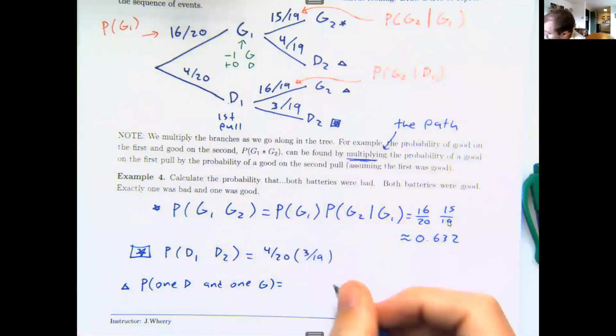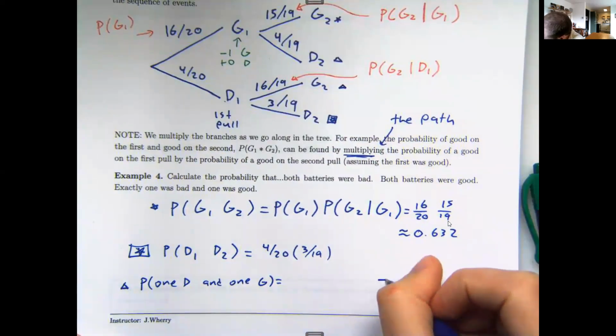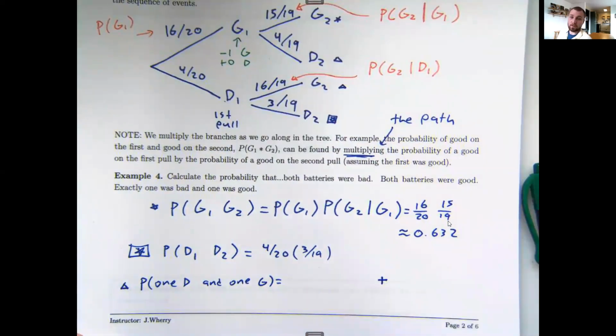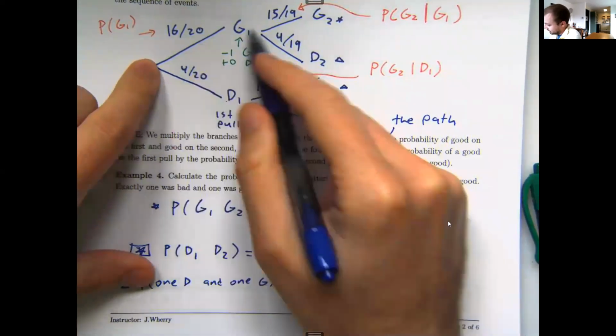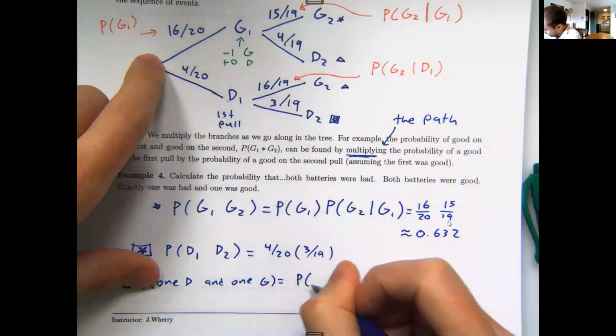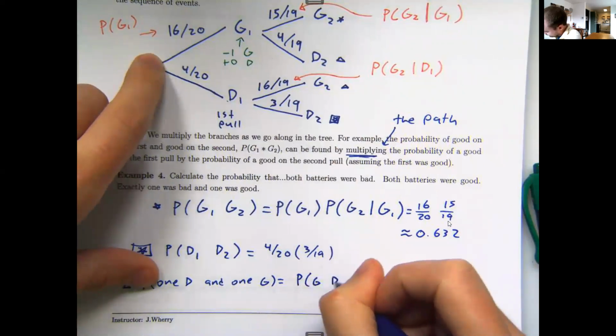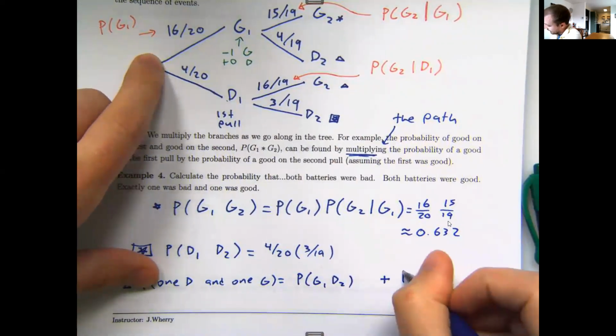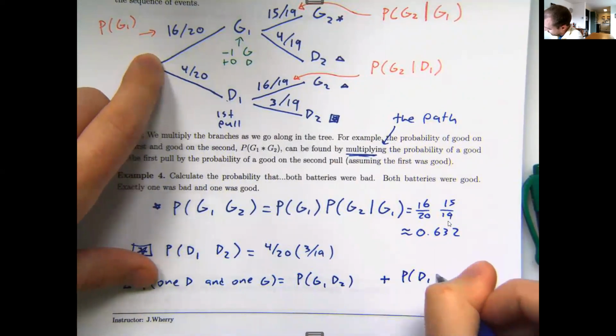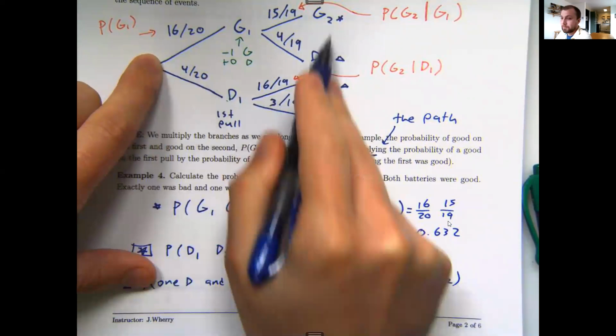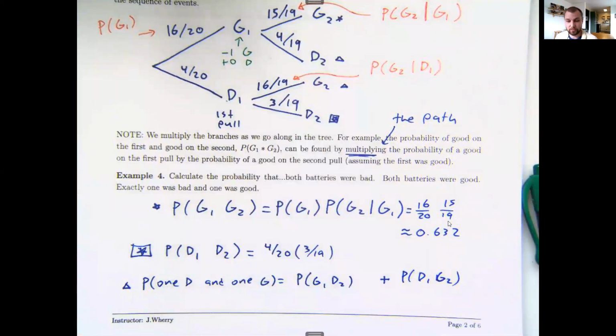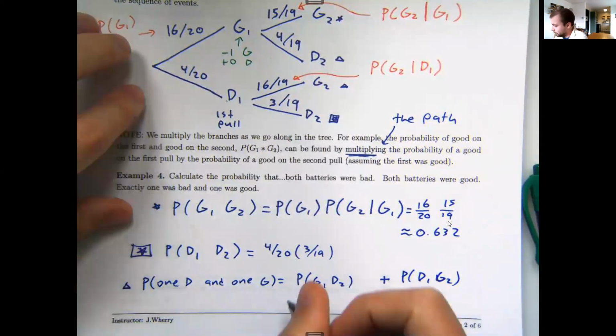Whenever it happens in more than one spot in your tree, you're going to add up all of those different ending spots. In my 2 different sequences, I had good and dead, and I had dead and good. So I find everything that works. If there's more than one thing that works at the end of the tree, I add them all up.